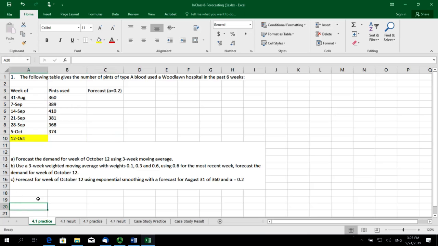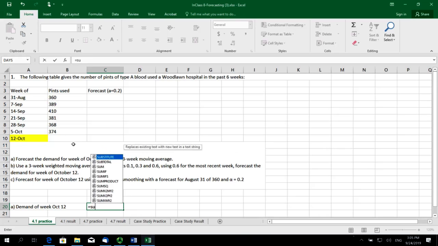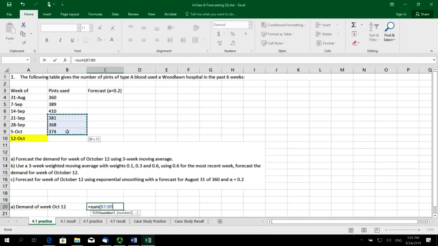They didn't ask you for the others. If you want to calculate the 3-week moving average for the October 12 demand, because it's 3 weeks, the moving average is the sum divided by 3.